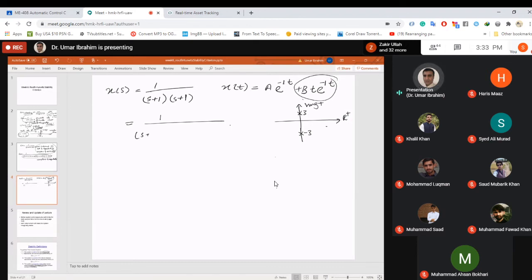So s plus 0 plus 3 iota, s plus 0 minus 3 iota, s plus 0 plus 3 iota, s plus 0 minus 3 iota. What does that mean? That it is a fourth order system.